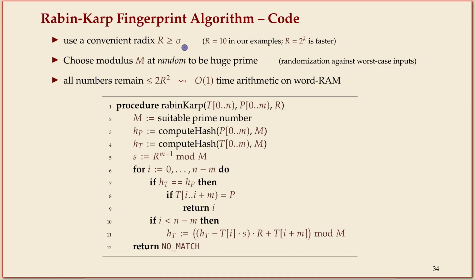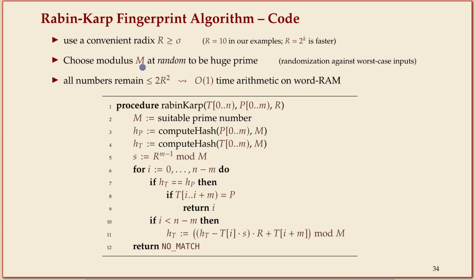So more specifically, here's the full code. We use a radix for our numbers, and by and large, you can use the size of the alphabet. A power of 2 is convenient to do the shifts with just shifting digits instead of a multiplication, but that's a minor difference.